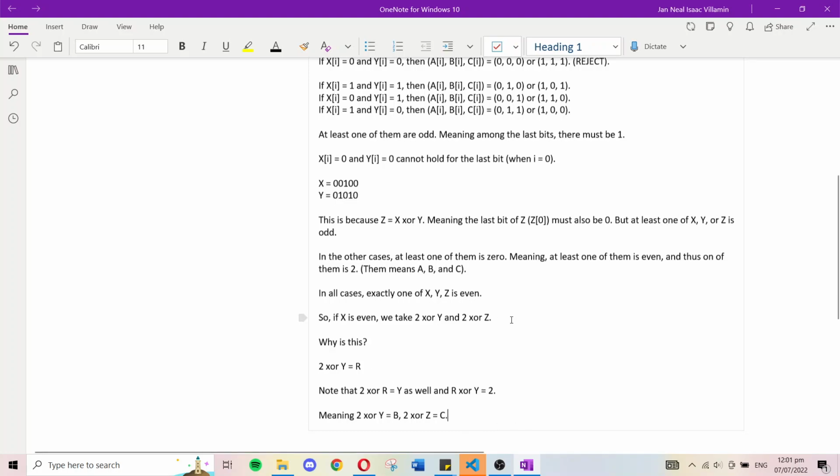Like if A equals 2 or something like that.